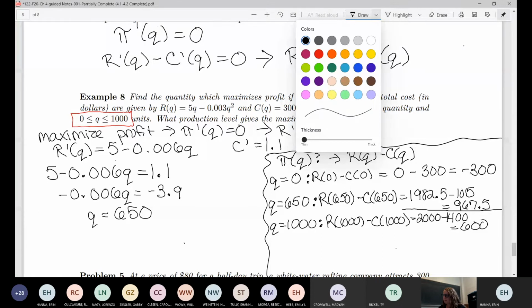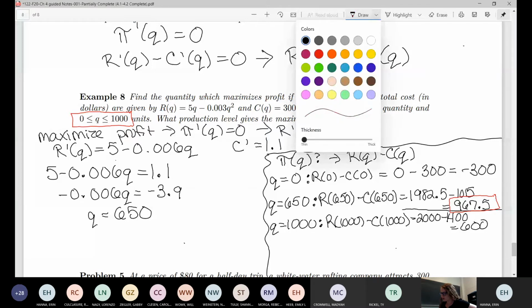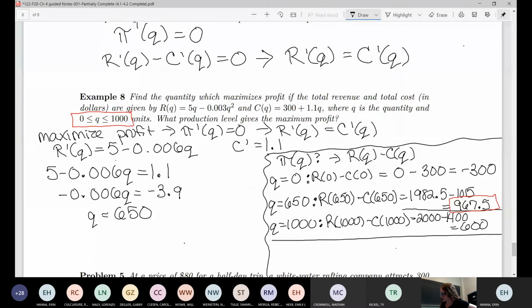So here we want the maximum profit. What's our largest number? It's that 967.50. Just to go a tiny step further, if we had wanted the minimum profit, it would of course be that negative 300. But we don't care about the minimum profit, I just wanted to state it really quick. So we know that the maximum profit is this 967.50, but what are we actually asked for?